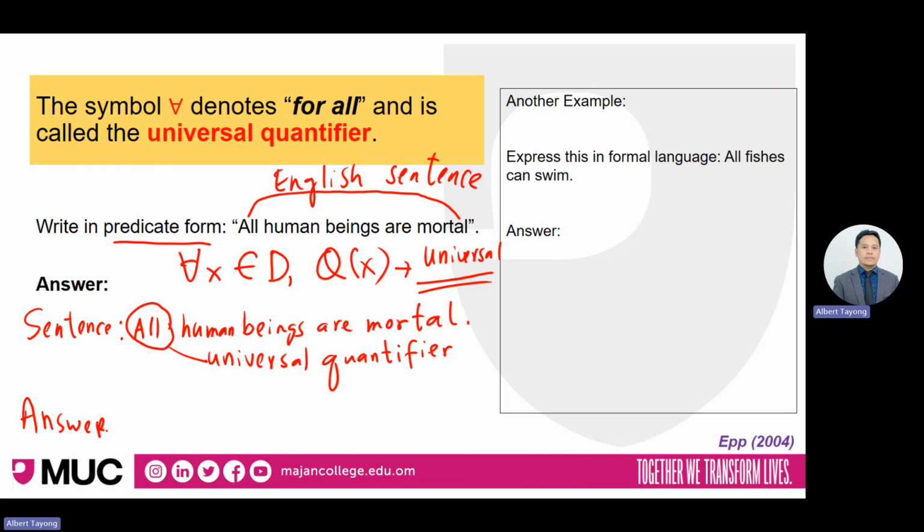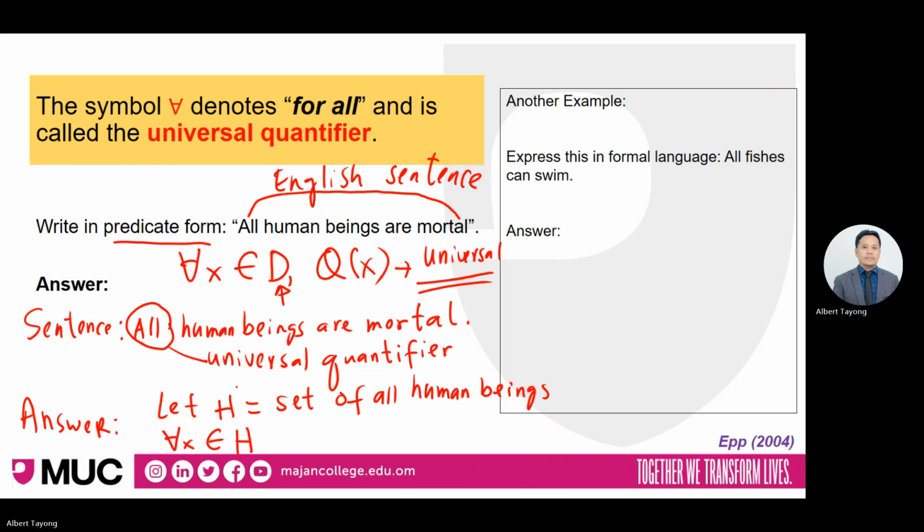So I'm going to write the answer here. First, let H equal the set of all human beings. This is the first step. You have to define your domain. So the final answer: for all X in the domain, our domain is H.